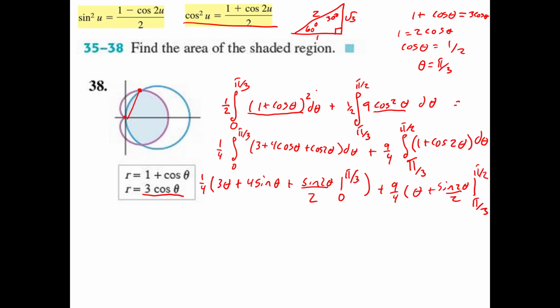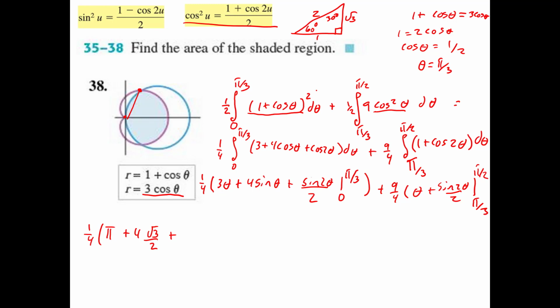And so then when we put in the pi over 3, we get 1/4 times 3 times pi over 3, which is just pi. Sine of pi over 3, sine of 60 degrees, is square root of 3 over 2. So plus 4 times the square root of 3 over 2, plus 2 pi over 3.